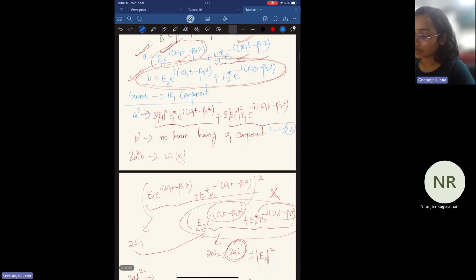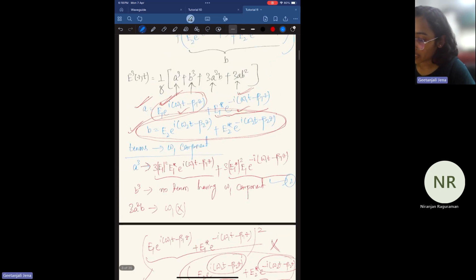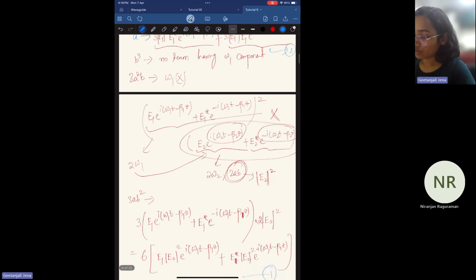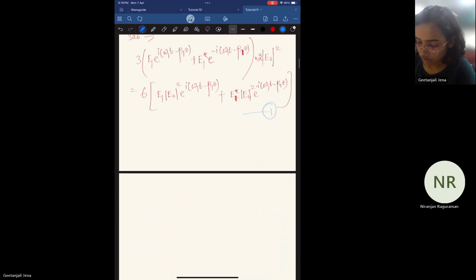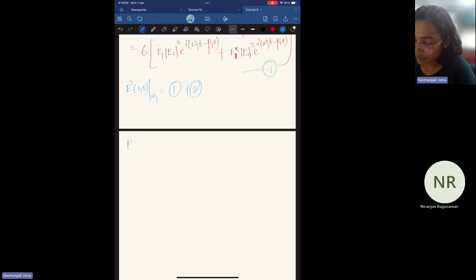So only these terms are giving ω1. So the field for ω1 will be the summation of the two. That means P, the nonlinear polarization for ω1, is ε0 χ(3) by 8.